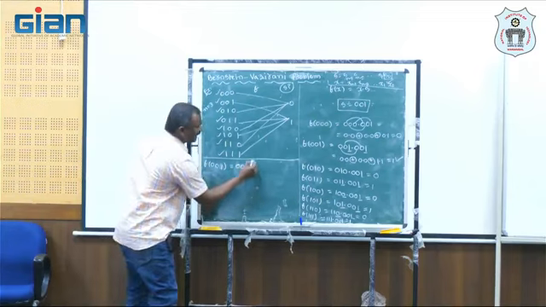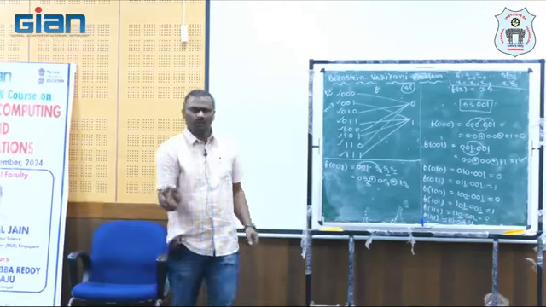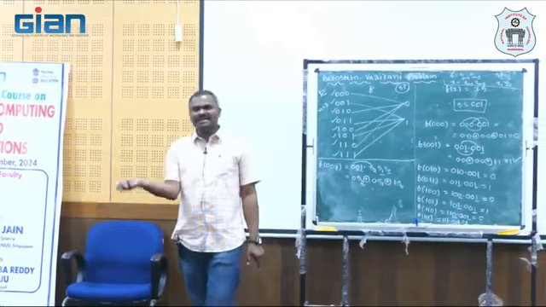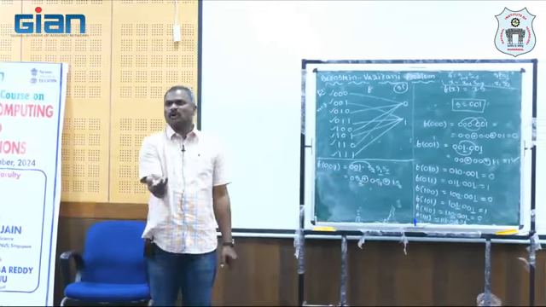Is that okay? Whether S2 is 0 or 1, does it matter? No. S1 is 0 or 1, it doesn't matter. Why? Because the result is going to be 0. So finally we end up with S0.